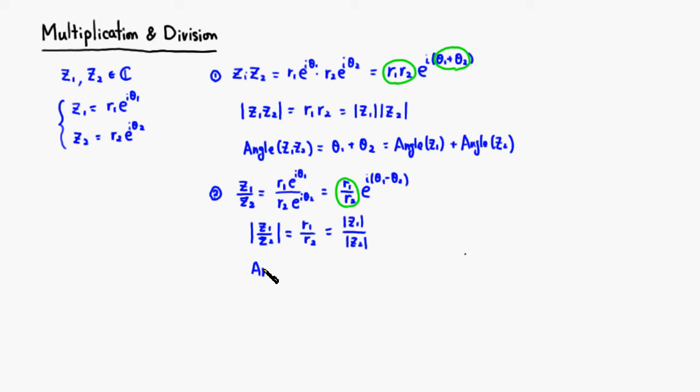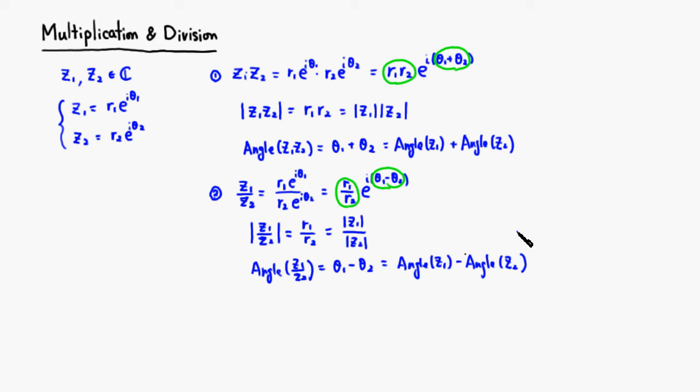The angle of Z1 over Z2. If you have a division, it turns into a subtraction. So it's theta 1 minus theta 2, which is the same thing as angle of Z1 minus angle of Z2.